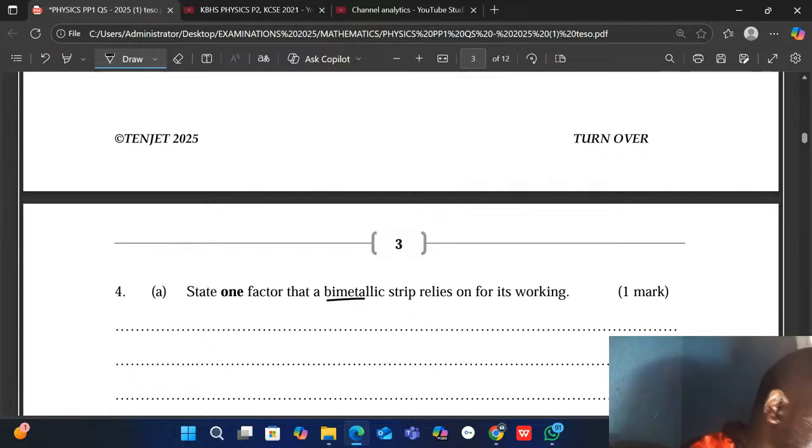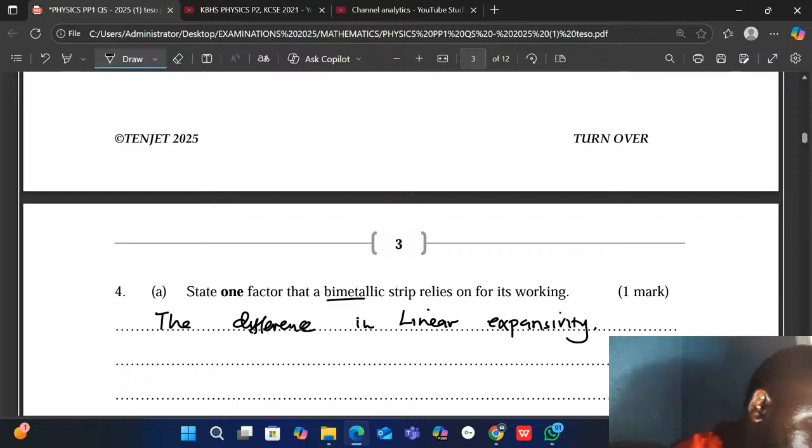So that becomes the factor: the difference in linear expansivity.